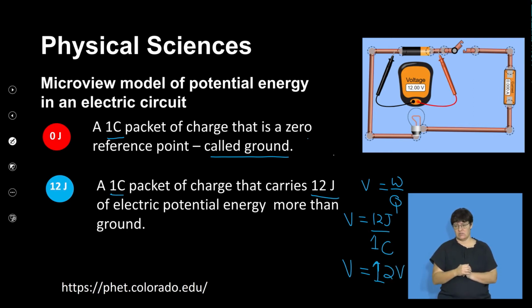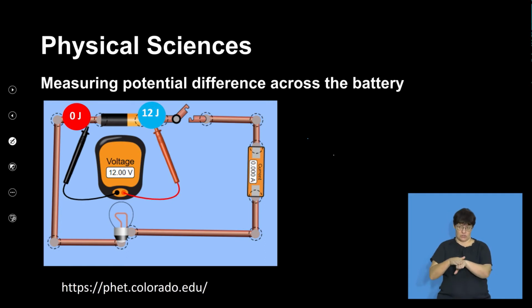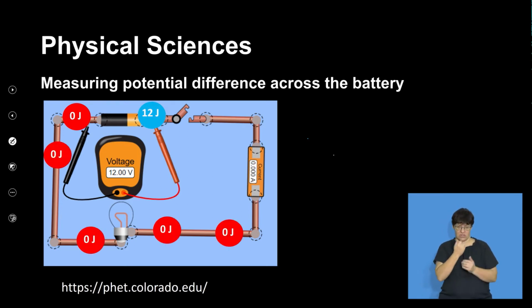All right. Okay, so where we've got a blue one, it says that there's 12 joules for every coulomb of charge. Right. Now, across the battery, the potential difference is between 0 and 12 joules, that is, we've got 12 joules for every coulomb of charge across the battery, because the voltmeter has been connected across the battery.